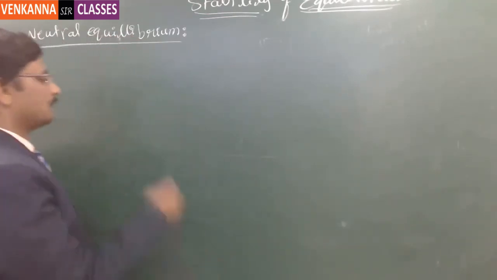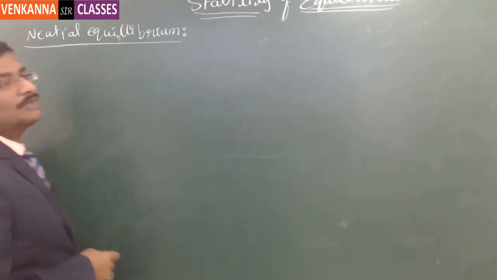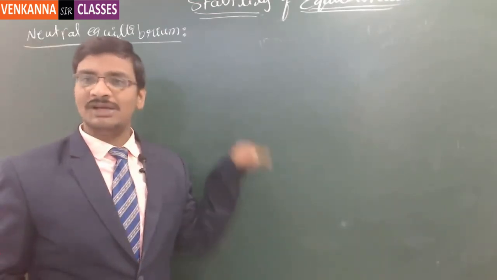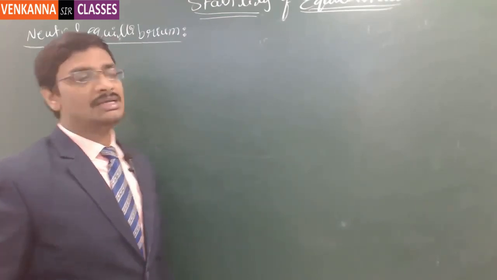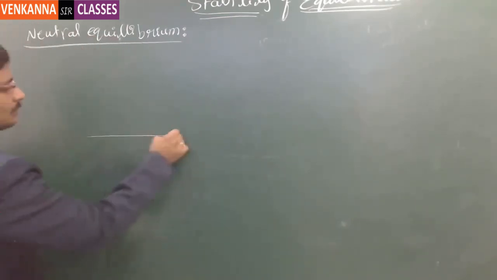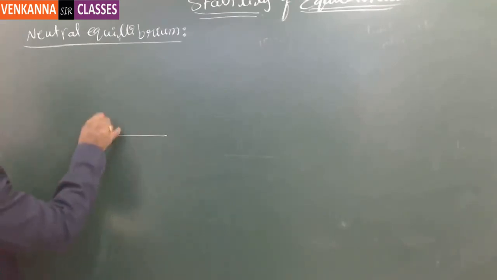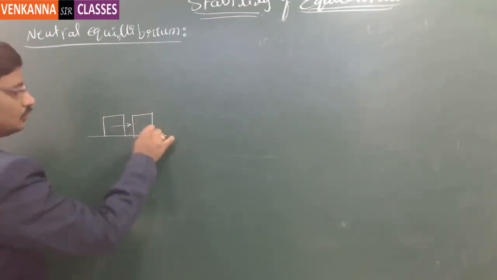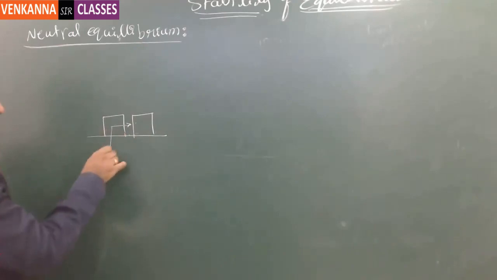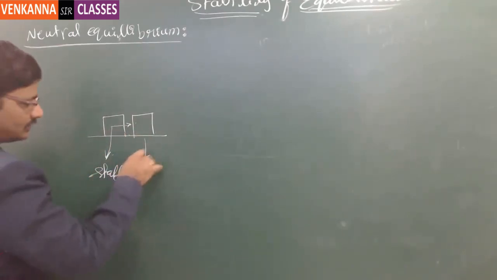That means, suppose you give a little displacement, and it tries to get the equilibrium where it was, the new position is occupied, and that is called neutral equilibrium. Suppose I have a table like this, and on top of that there is a wooden block. Now I give a little displacement to this block, so let us say it is moved to this new location. Here also it is stable, and here also it is stable.